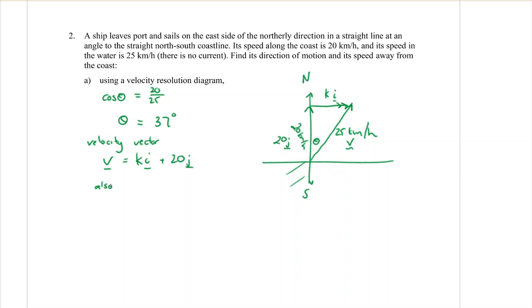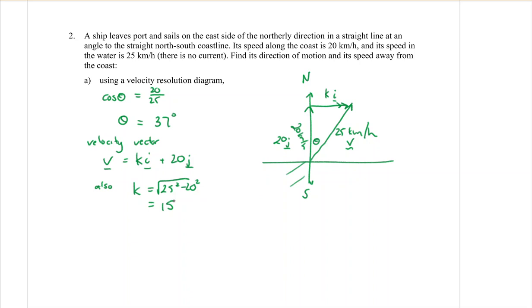You've already told me, but we're going to write some working out down. k is equal to the square root of 25 squared minus 20 squared, and that gives you 15.